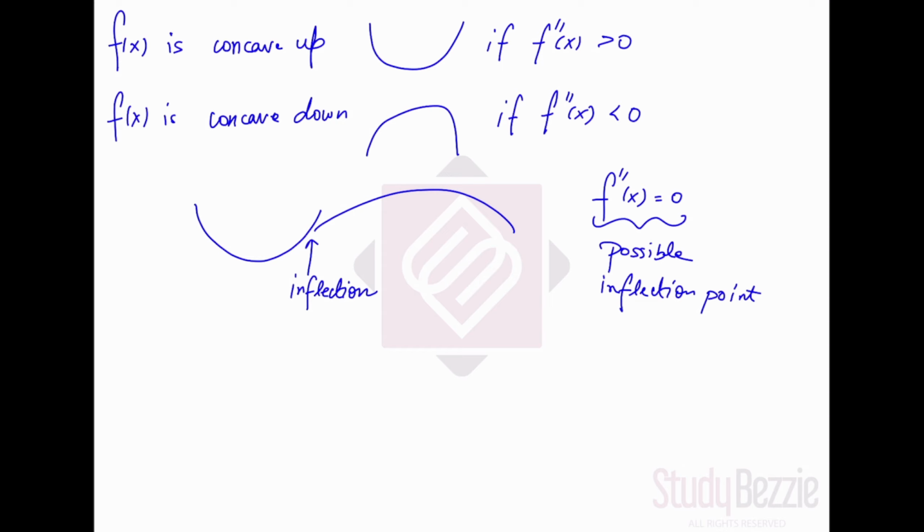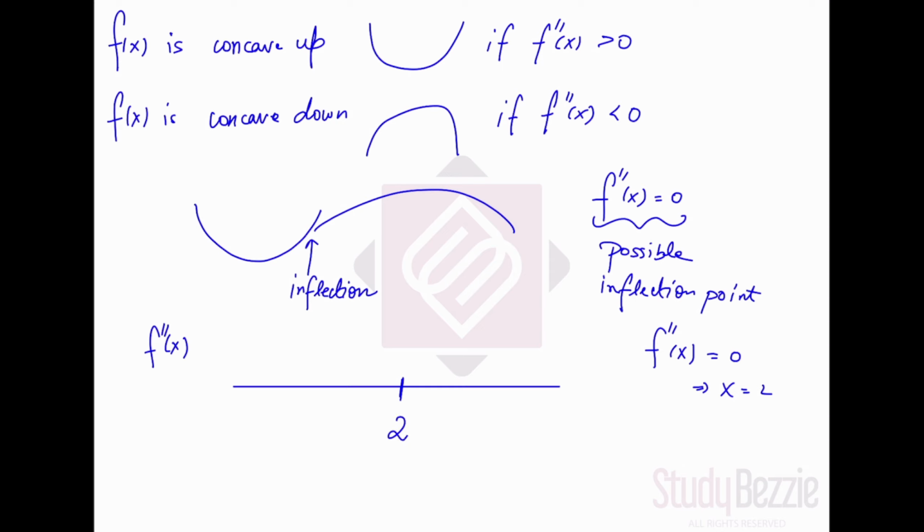And now this, as the possible inflection point, will become the point of the end of the interval. So if you want to analyze the function's second derivative here and see if it's concaving up or down, let's say at x equals 2, the second derivative of the function was 0.